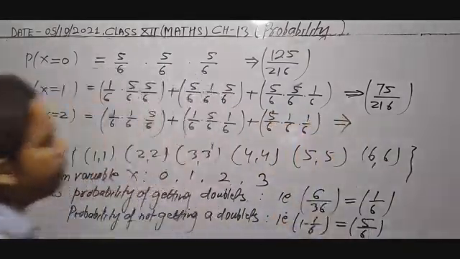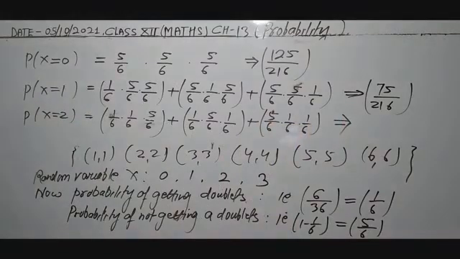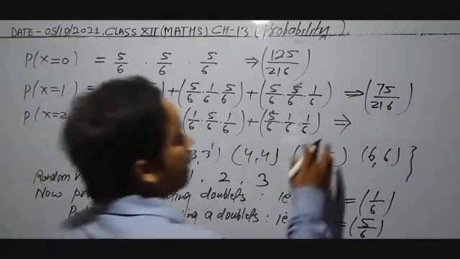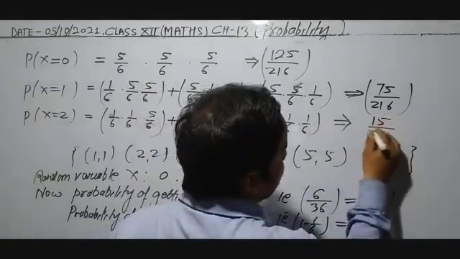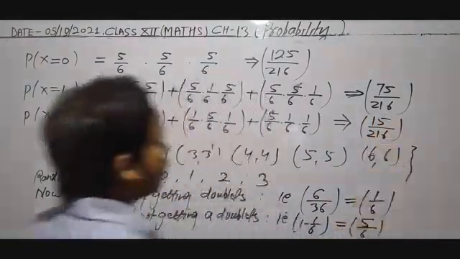Each gives 5 by 216, so the total is 15 by 216.